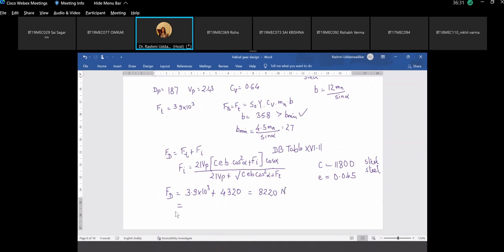And this we are comparing with what? Prabhat Kumar is absent.